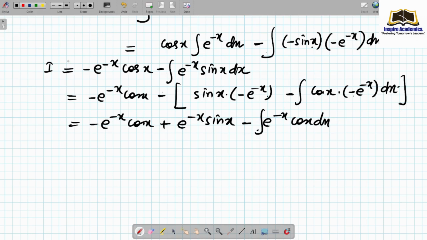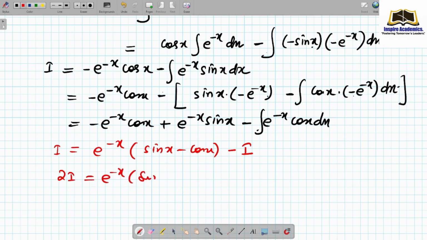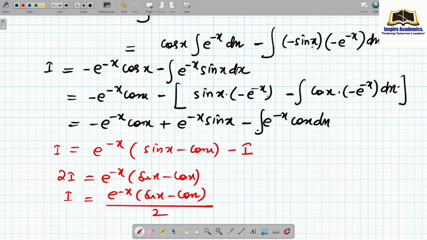Remember, I will have I, e minus x common, sin x minus cos x, negative I. So 2I would be e minus x times sin x minus cos x, and I would be e negative x times sin x minus cos x upon 2. So plus C.